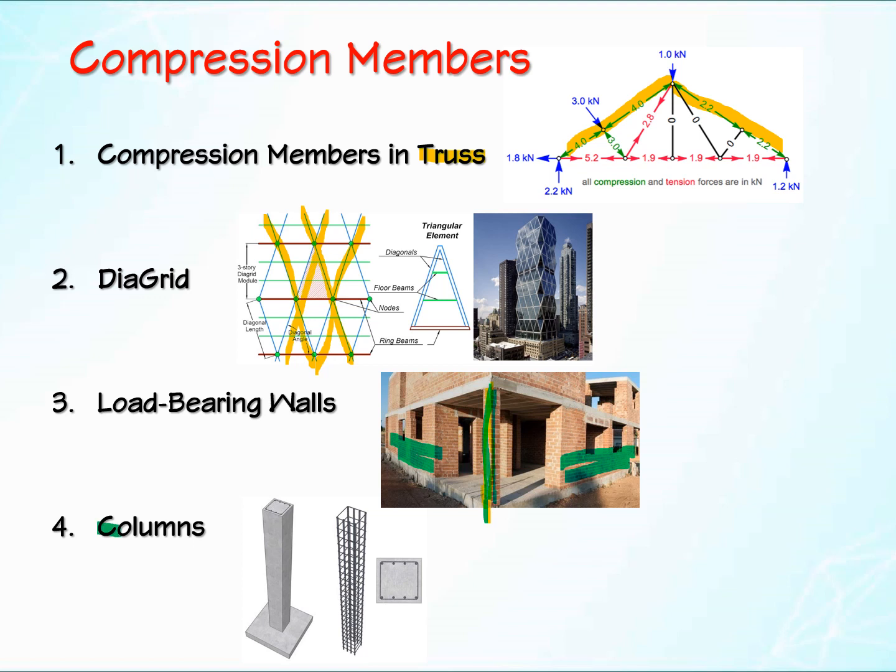And of course, column is in compression. And usually we limit our column to the vertical. Compression member truss can be skewed. Diagrid usually, if not generally, they are skewed. Load-bearing walls and columns are usually vertical.